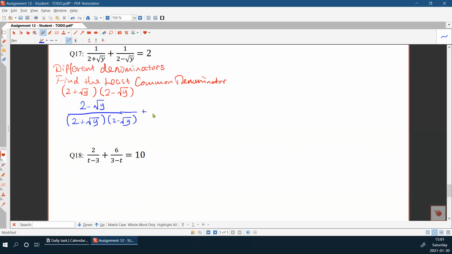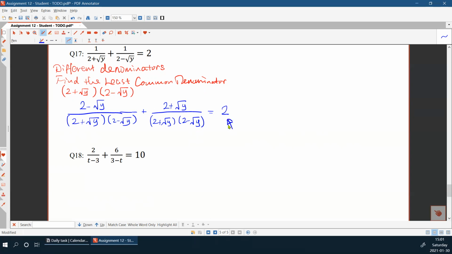And for the second term, if you rewrite it using the least common denominator, this term becomes this one, right? And the right-hand side does not change at all. Understand?